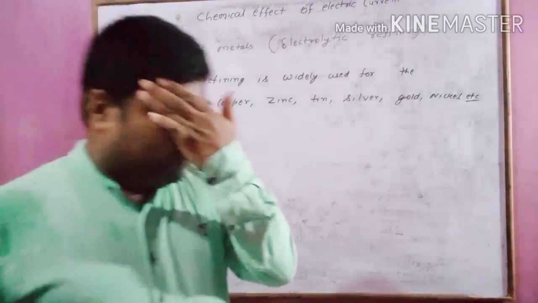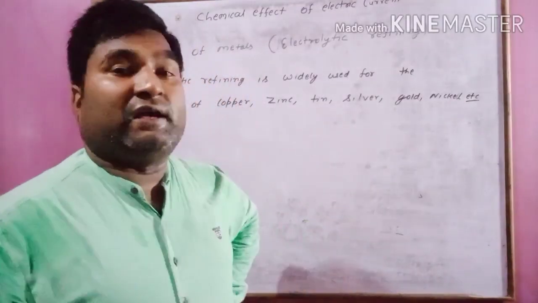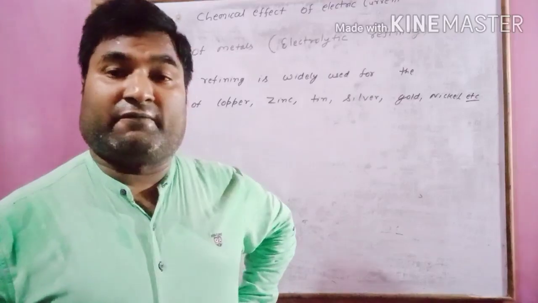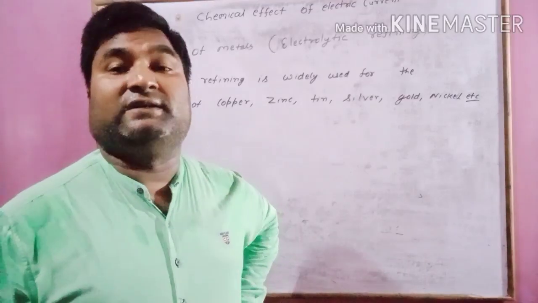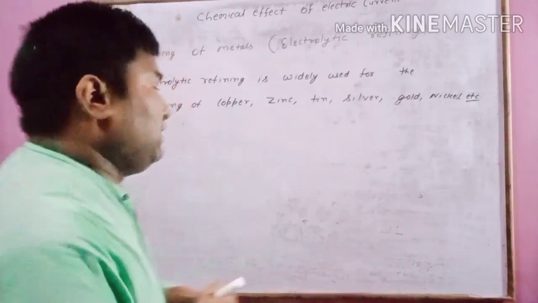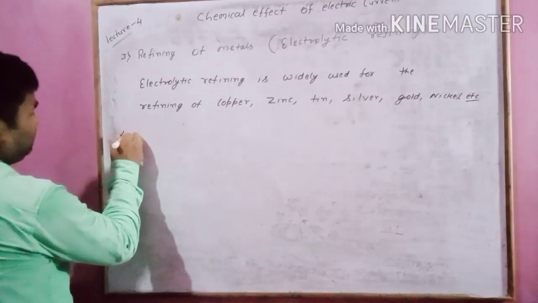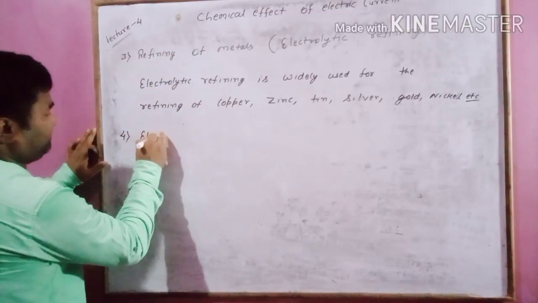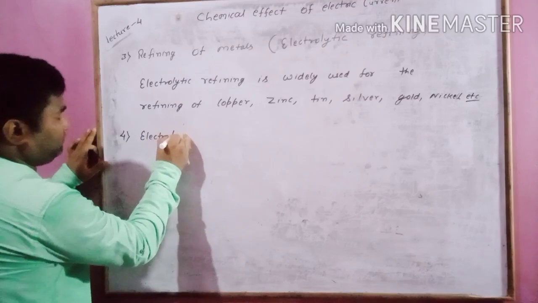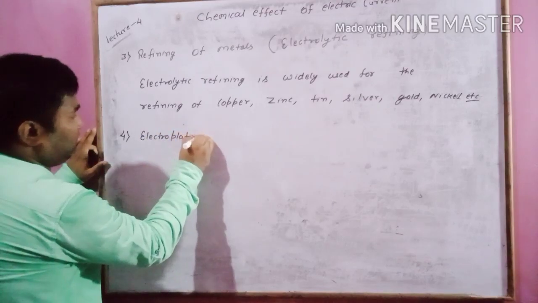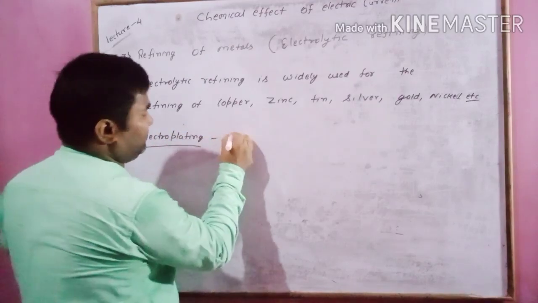So three points I have discussed. It is used for extraction of metals, it is used for synthesis or manufacture of chemicals, and third is electrolytic refining. Fourth one is electroplating. What is electroplating?